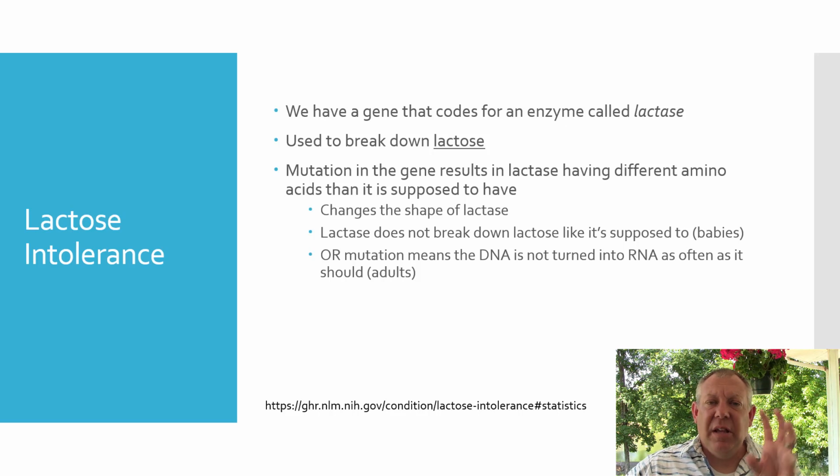When the DNA makes the RNA, that's called transcription, and there are genes that control how fast other genes are being transcribed. Adults with lactose intolerance often don't make enough of this RNA, so they don't make enough of the lactase. But again, by understanding the genetics and understanding the process, you can understand some of these disorders.